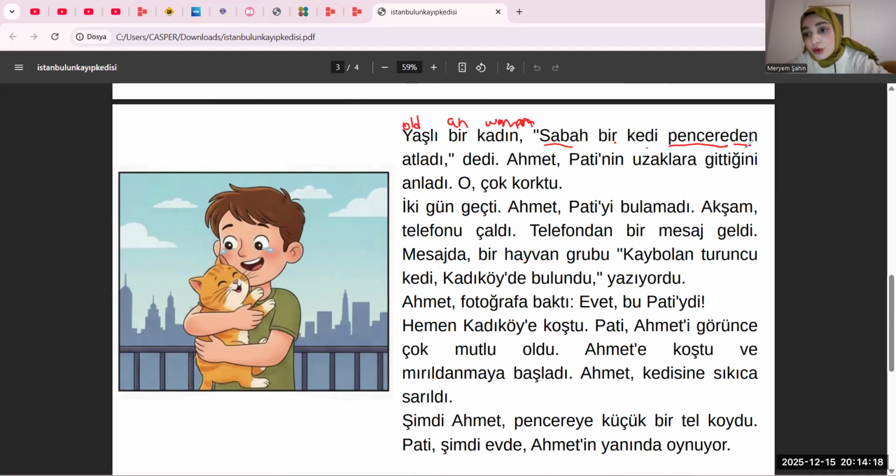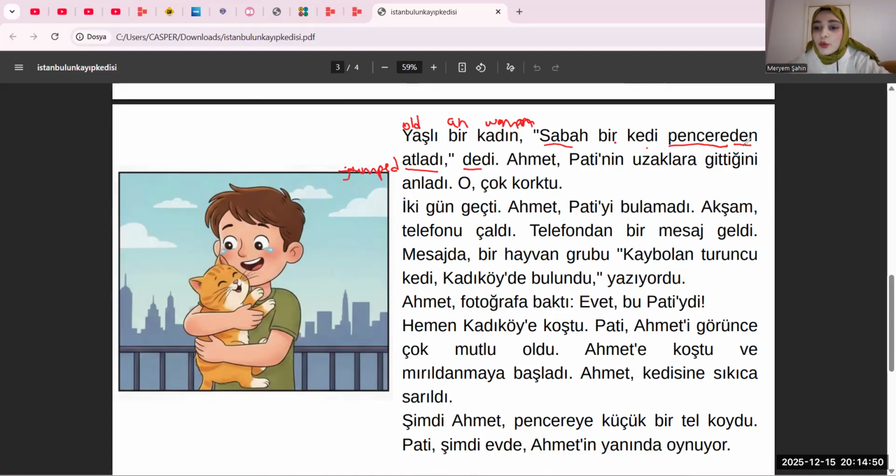Pencereden, through the window. Atladı, jumped. For he, atladı. For she, atladı. For it, atladı. For me, atladım. For you, atladın. Dedi. She said. For he, dedi. For it, dedi. For me, dedim. I said, dedim. You said, dedin.